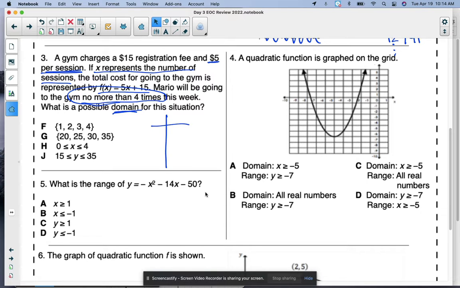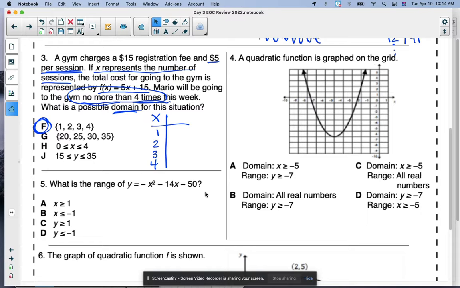So again, domain is X, and I'm going no more than 4 times this week. So 1, 2, 3, 4. The only answer choice that looks similar to this is F, because again, I'm paying for the entire session, not part of one, not 3/4 of one. I am paying 5 every time I go. So that's why F is the correct answer.